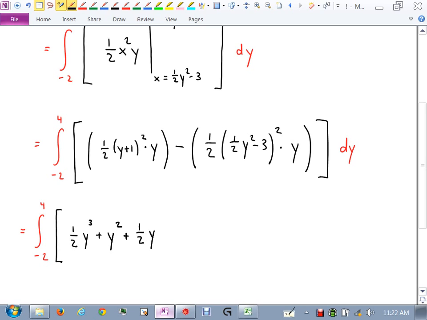Do y'all agree with that? So this right here, (y plus 1) squared, is y squared plus 2y plus 1. Then times y is y cubed plus 2y squared plus y, and then half of that is this.